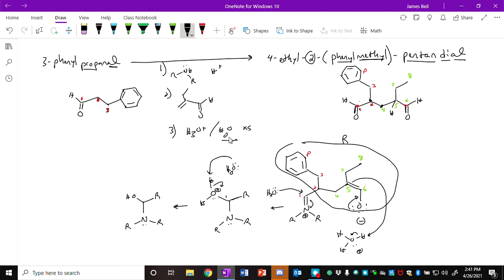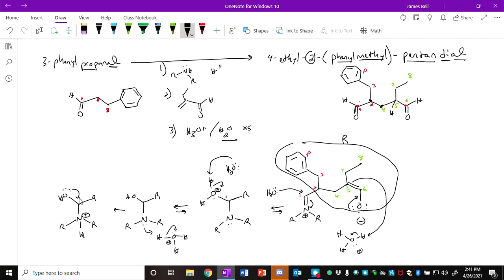And since we're using excess water, that helps push this equilibrium forward because all these steps are reversible. So then the nitrogen is going to pick up a proton, making it positive.